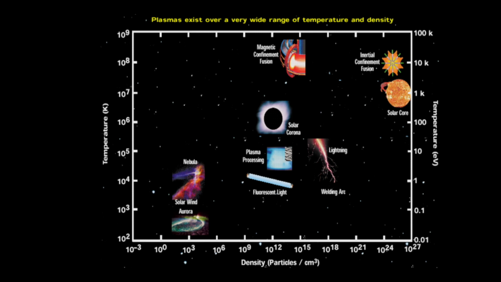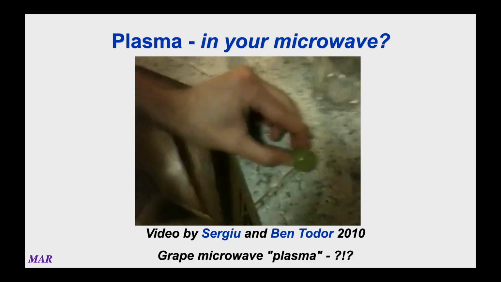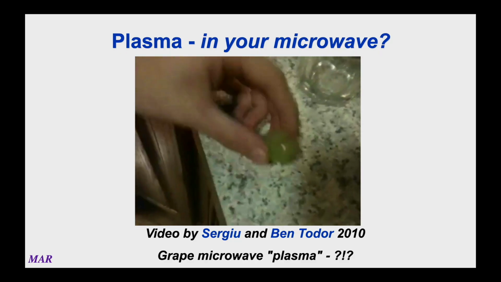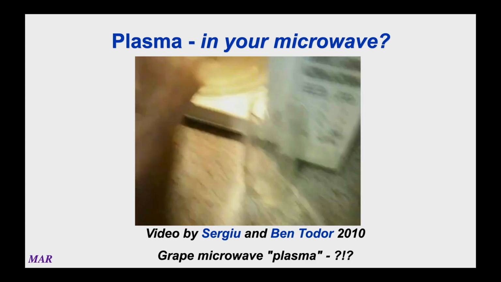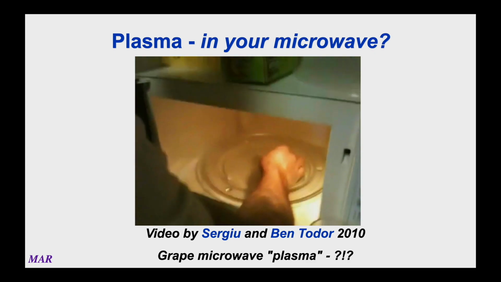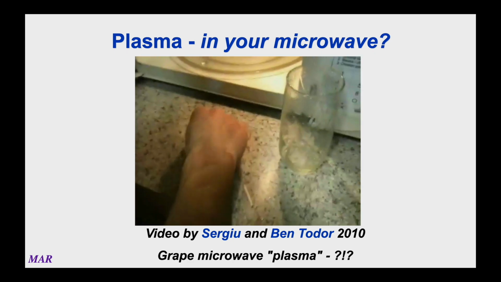Fluorescent lights have plasma in them, solar winds, nebulas, and stuff like that. So there are a lot of sources of plasma. They're just not as common on the Earth, or we don't think about them as much. There's a match head.